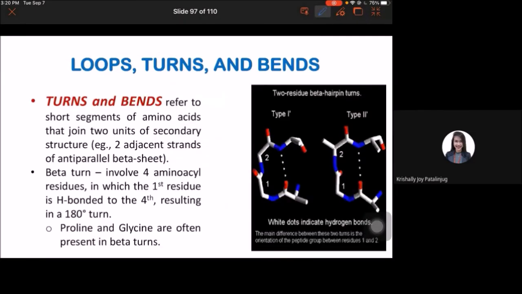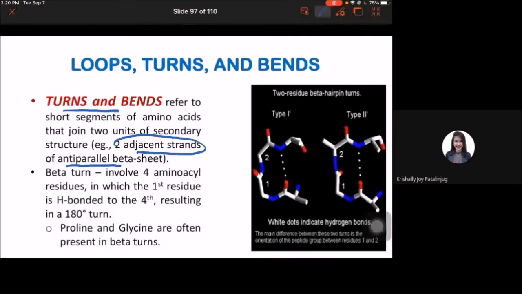For turns and bends naman, same concept for connection ng mga secondary structures. Yung turns and bends, very common naman siya sa mga adjacent strands of anti-parallel beta sheets.